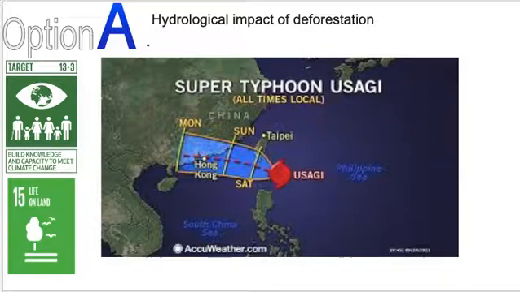Now, of course, the typhoon itself is an important aspect of this disaster. Of course, we can point to the role of global climate change. But if we dig down into this a little bit deeper, we'll soon start to realise that in fact probably the largest single contributory factor is actually deforestation.